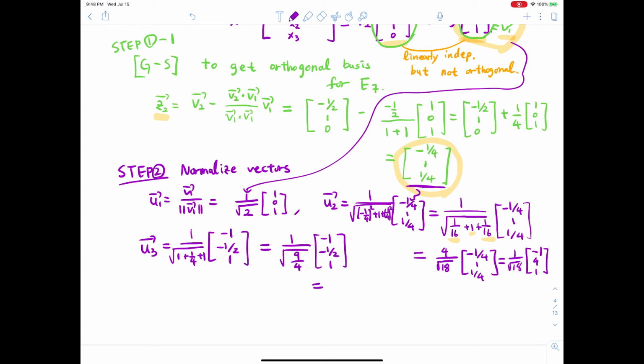This equals 2/3 times negative 1/2, 1, and 1, which equals negative 2/3 and negative 1/3, 2/3.